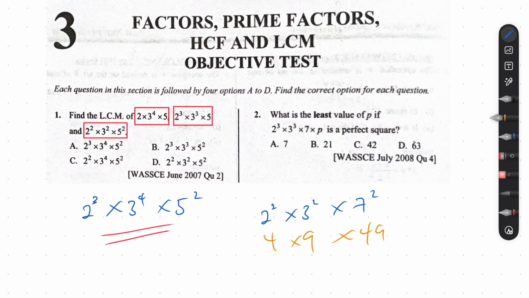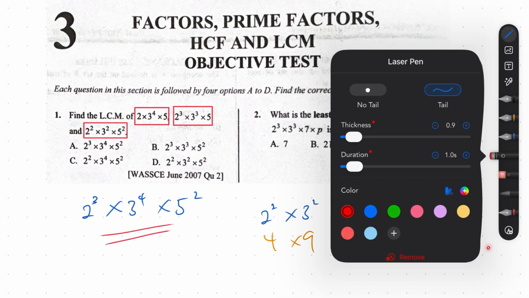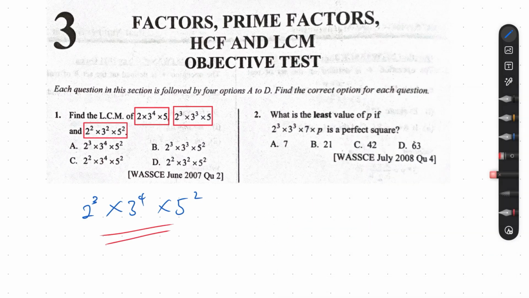And if each of these are perfect squares, you can take a square root of this, you're going to have 2, a square root of this, you're going to have 3, a square root of this, you're going to have 7. Okay, so each of the numbers here need to have an even exponent. That's what you're going to try to do.